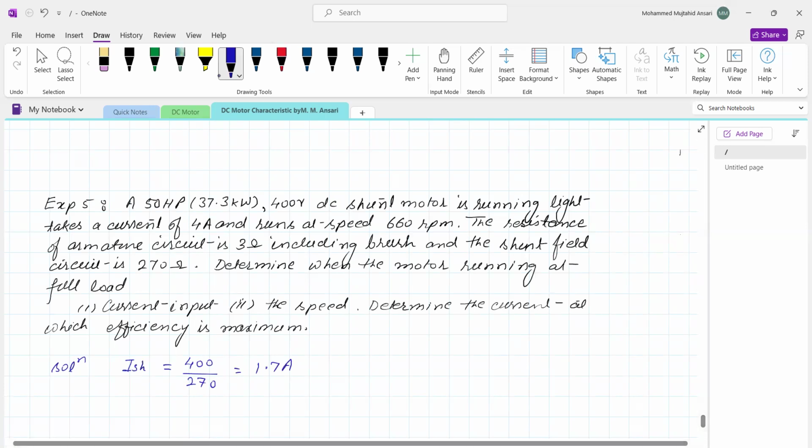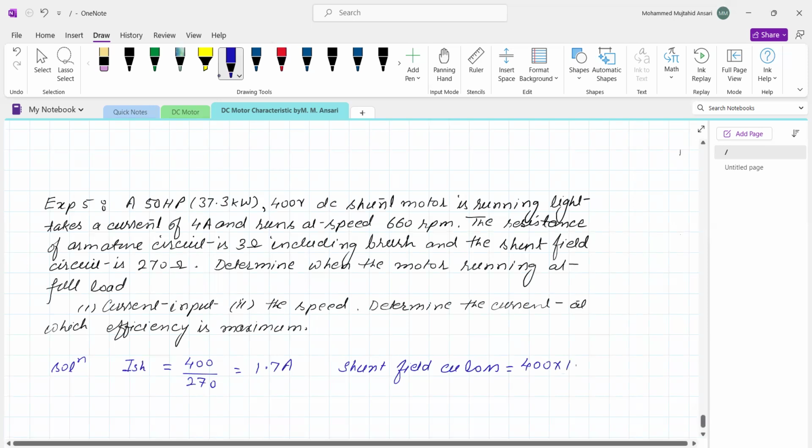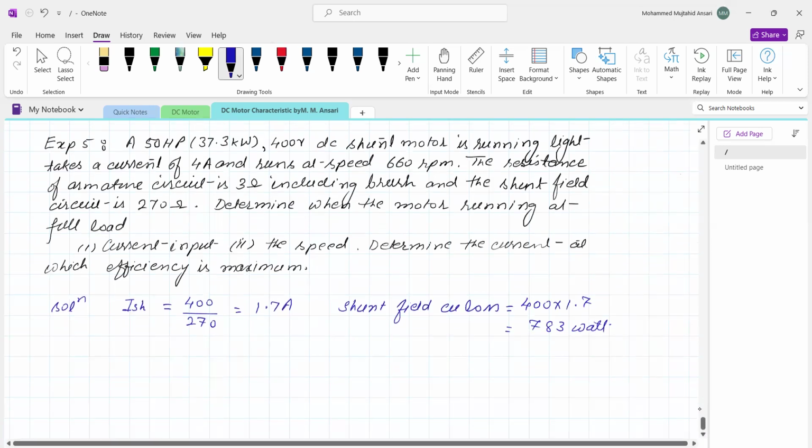Now the shunt field Cu loss is equal to voltage and current in the shunt field winding, 400 into 1.7, so it is 680 watt. This is the shunt field Cu loss.